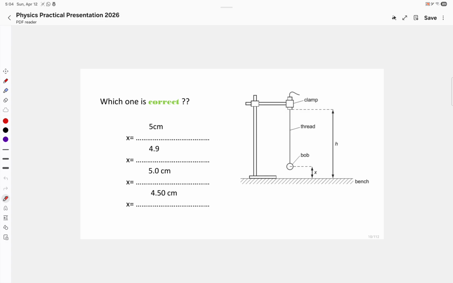I have mentioned 4 options here for the value of x: 5 cm, 4.9, 5.0 cm, and 4.50 cm.